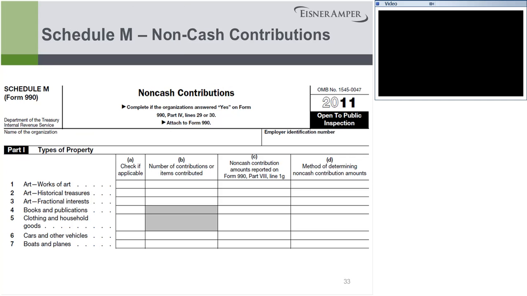There are lines for boats and planes and cars and all sorts of other vehicles. One of the other things that's on here, again, is the gift acceptance policy, more so for their own benefit. It allows them to basically say, thank you so much for your donation of this boat, but based on our gift acceptance policy, we can't accept it.